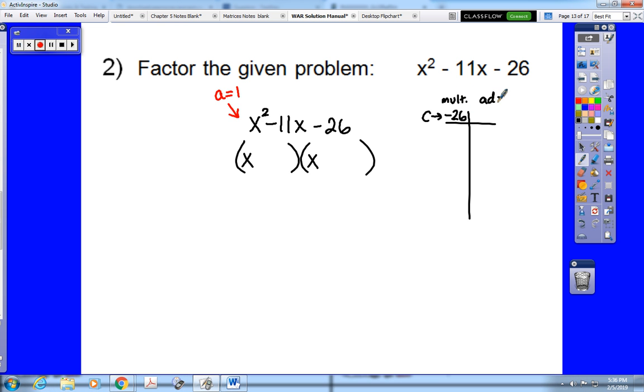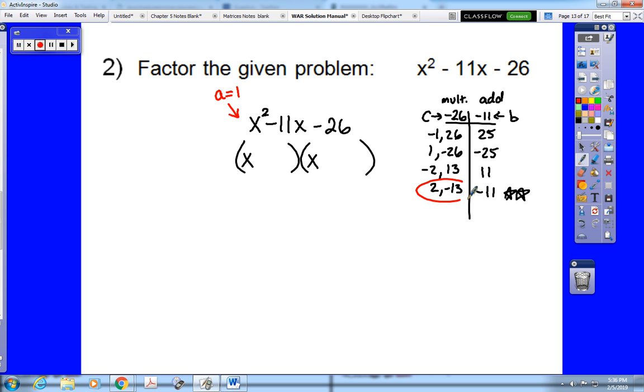and add to b. So we're looking for two numbers that multiply to negative 26. So here are your options. And add to negative 11. Well, that adds to 25, that adds to negative 25, that adds to 11, and that adds to negative 11. There's the one we want.